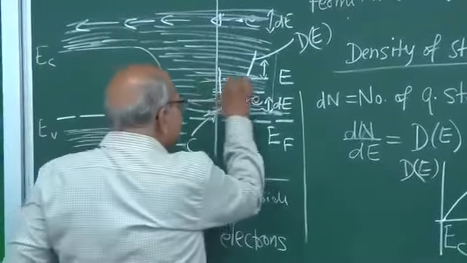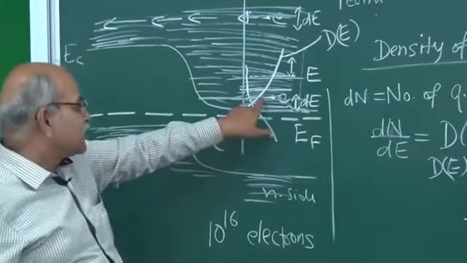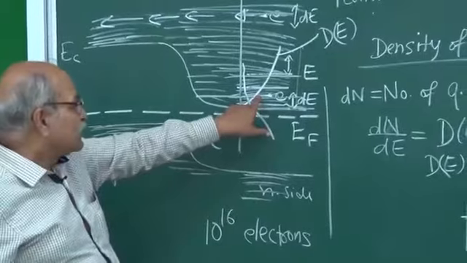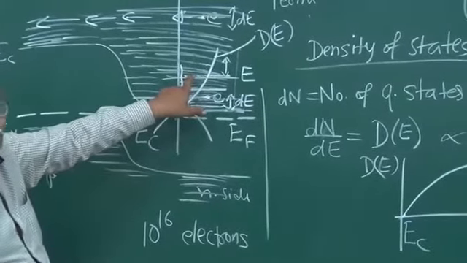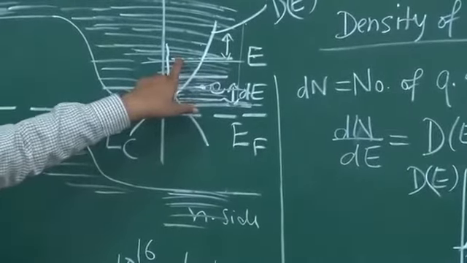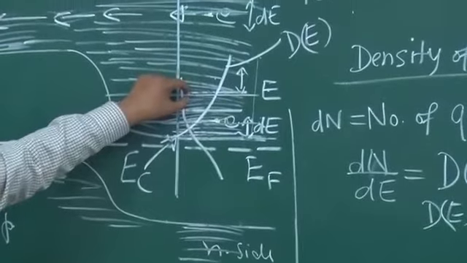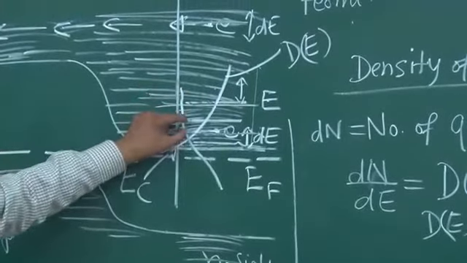There is a quantum state out here, and there is a quantum state out here. This quantum state has larger probability of being occupied. This quantum state has lower probability of being occupied. But how many quantum states are here? There are more quantum states here and fewer quantum states here.